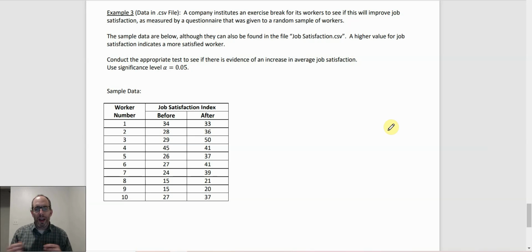We have 10 workers with the job satisfaction score before the exercise break, and then after they started getting the exercise break. So we want to see, did they like their job more? We're looking for evidence of an increase in average job satisfaction.